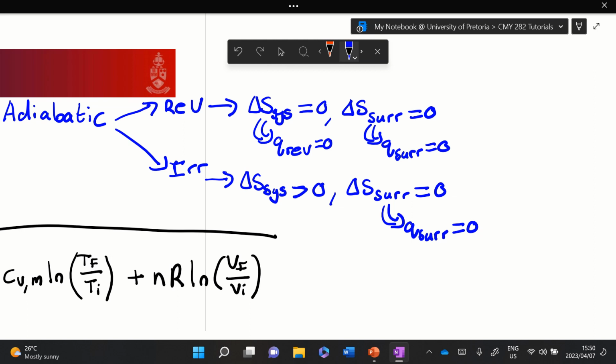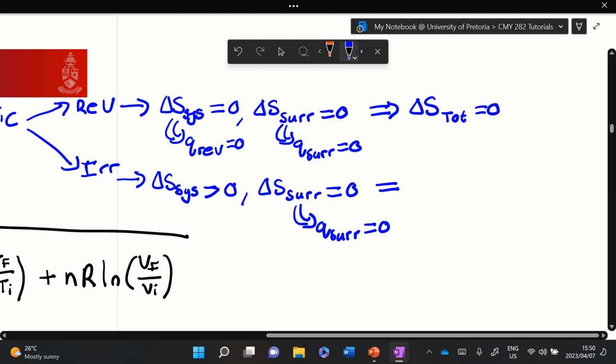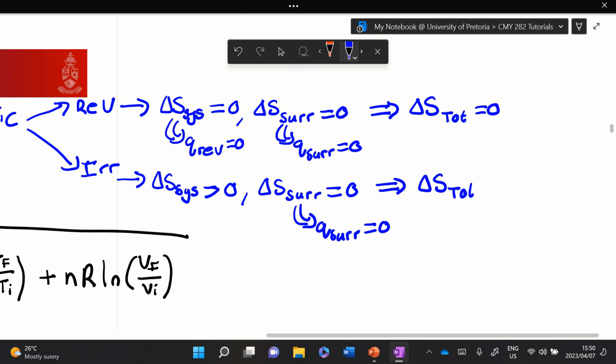So in other words, for a reversible adiabatic system, our change in total entropy is 0. For an irreversible adiabatic system, our change in total entropy is larger than 0. Okay. So hopefully you've now seen this. So that's question 2 and 3, basically what we've learned from those two.